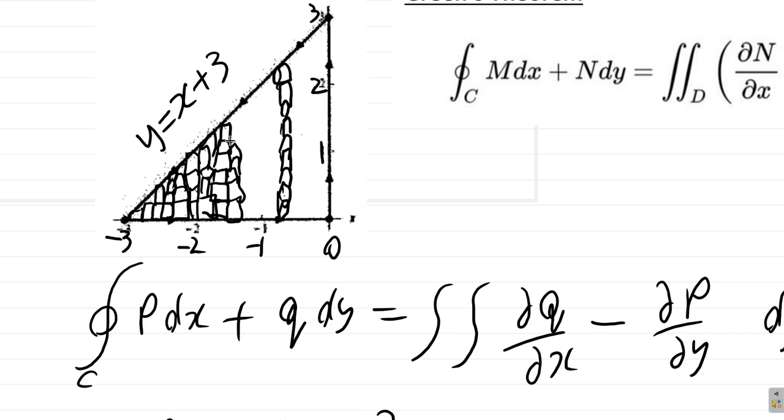When I say they go from y equals 0 to y equal x plus 3, I just need to pile up the x's from left to right from negative 3 to 0. Alright? So these would stop at 0.